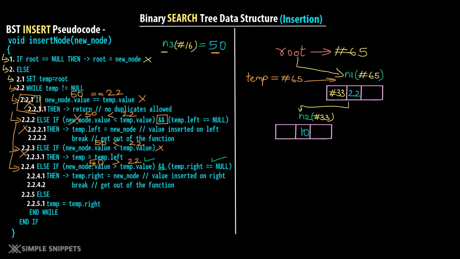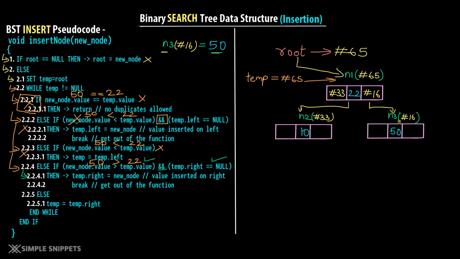Now what do you do when you have a node n3 which you want to insert, and you also have the value greater than the node above it, and that node also has the right child empty? So it makes sense to append n3 at this location, right? So inside this else if, that is what we are doing. We say then temp dot right equals new node. So you take a new node. Let's create this node.